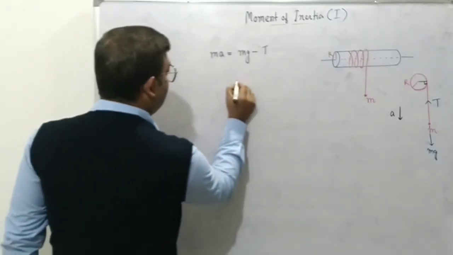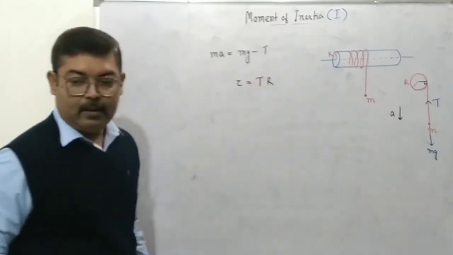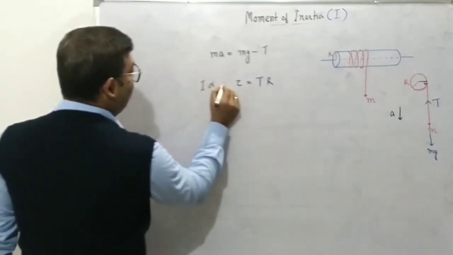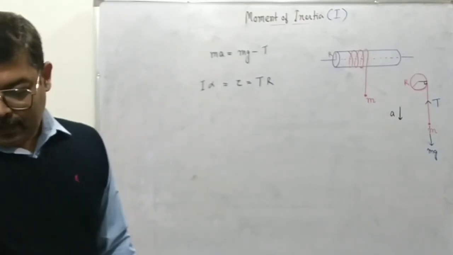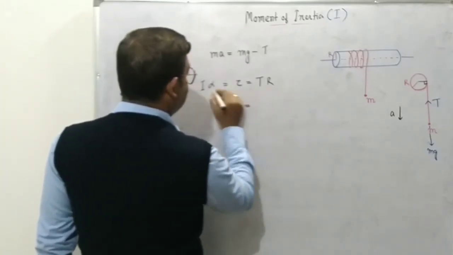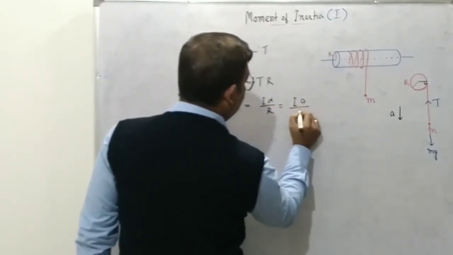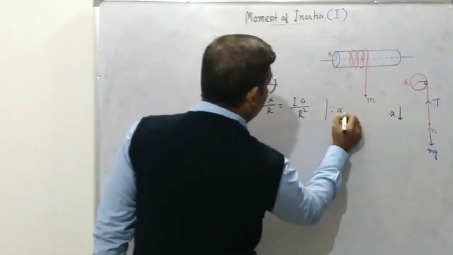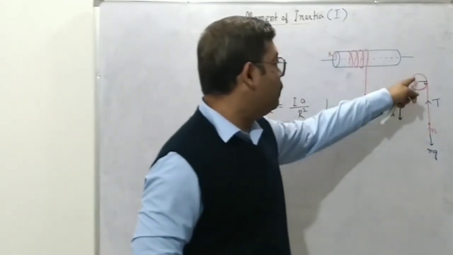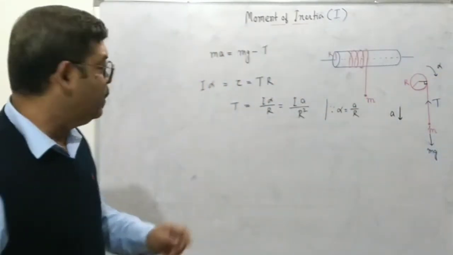The torque will be T into R. But by definition, if I is the moment of inertia of the cylinder, then I alpha will be equal to this, which means the tension T will be I alpha divided by R, which is equal to I a divided by R squared, since alpha equals a by R. For rotational motion, the linear acceleration will be the angular acceleration multiplied by the radius, from circular motion.